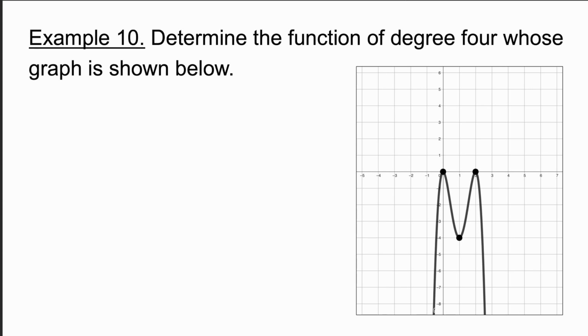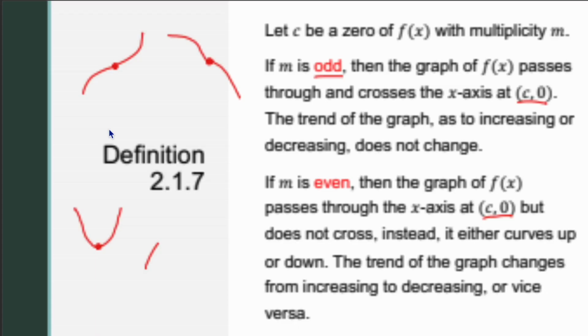So for example, we want to determine the function of degree 4 whose graph is shown below. Ang degree daw niya dapat 4. But upon checking on the graph, dalawa lang yung ating zeros. We have x equals 0 and x equals positive 2. Pero ano bang sabi sa definition natin?